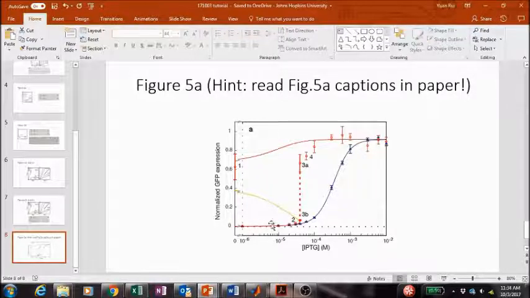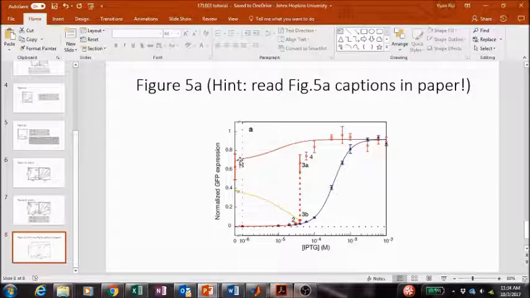And then this red curve with the dots are the actual experimental data points. So it's not continuous, but they took different points, and you see how when you get the input to be a certain point, it jumps very fast, and so that's the switch-like response.